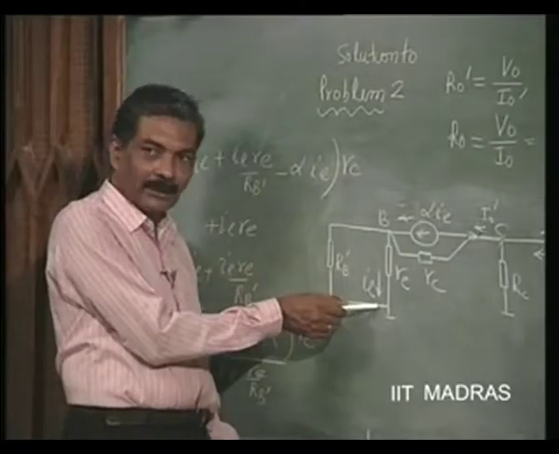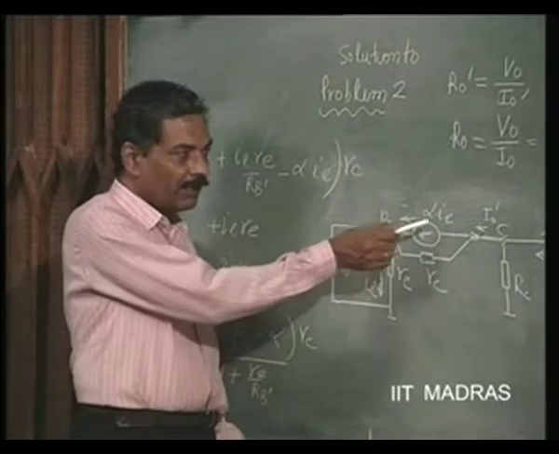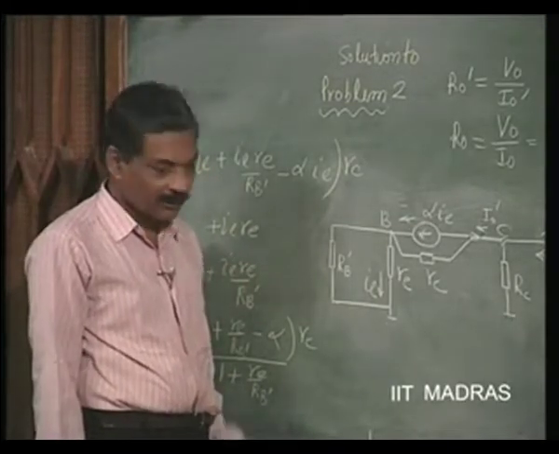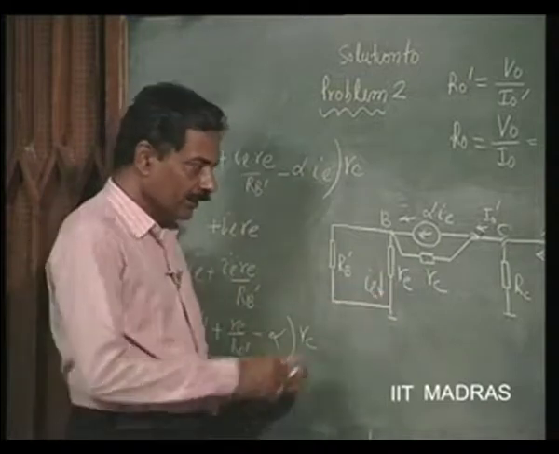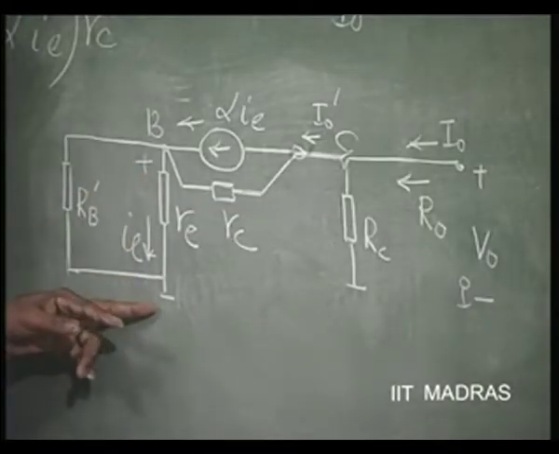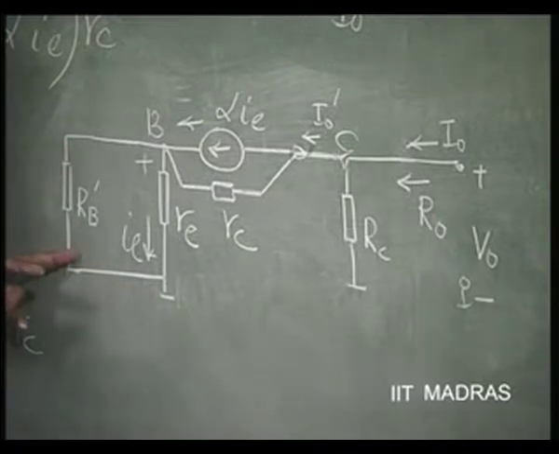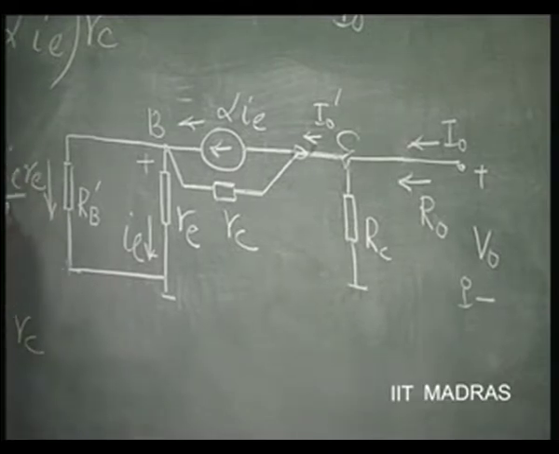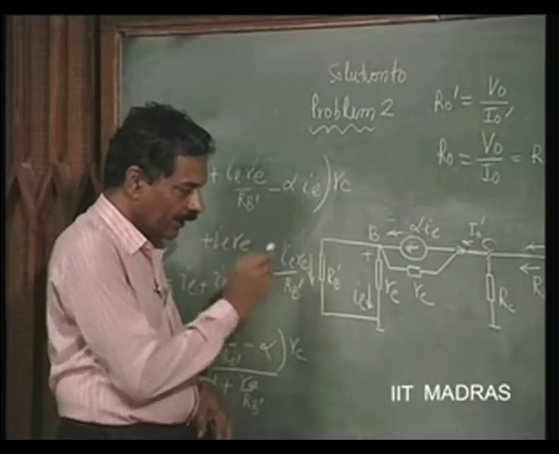Given IE here, we have alpha times IE always, that is our standard equivalent circuit. If this is IE, the drop across this is IE times RE. The current in this therefore is IE RE divided by RB dash.